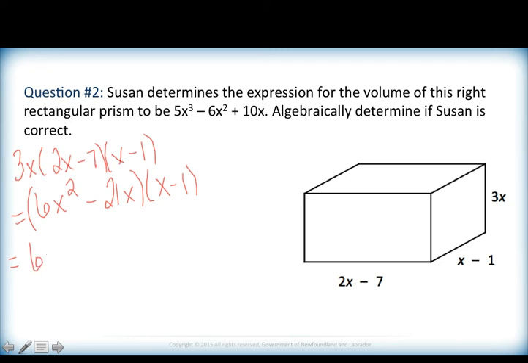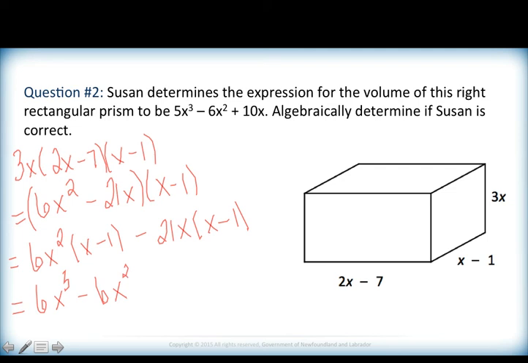We'll take the 6x squared, distribute it with x subtract 1. And then we have negative 21x, and we're going to distribute it with x subtract 1. Now we're going to go back and we're going to use the distributive property again. 6x squared times x is 6x cubed. 6x squared times negative 1 is negative 6x squared.